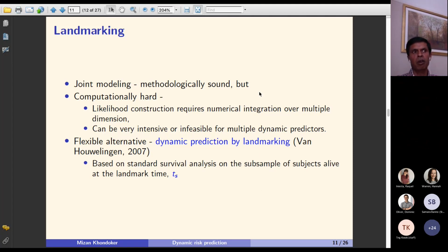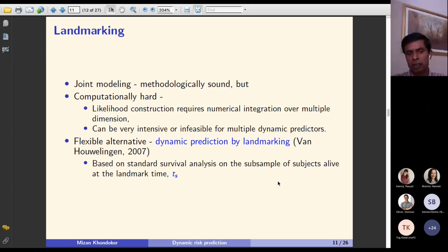If you have more than one longitudinal marker, each marker will have one or more random effects, because you need a linear mixed model for fitting the longitudinal process. So it increases the computational dimension, and it becomes very hard computationally once you have more biomarkers in your model, and can be very intensive or infeasible for multiple dynamic predictors.